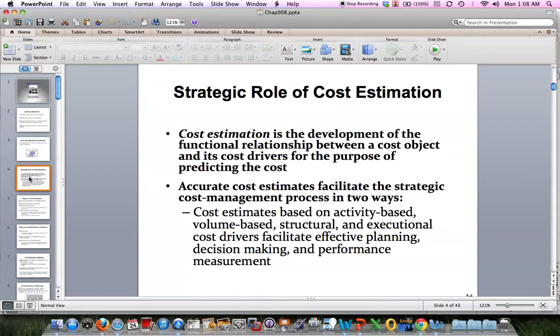Structural, basically, is it kind of based on fixed costs that are already there in the past? What causes these costs to happen? How do they behave? What are the patterns behind them? And understanding these will then help us to be able to deliver good estimates, good planning, and performance measurement of costs coming up in the future.